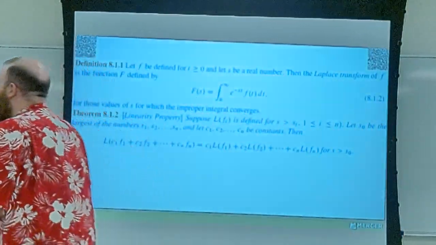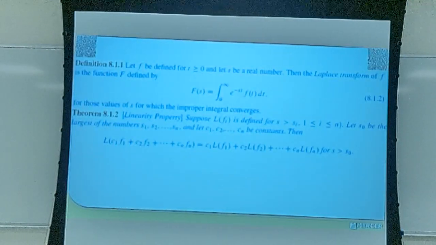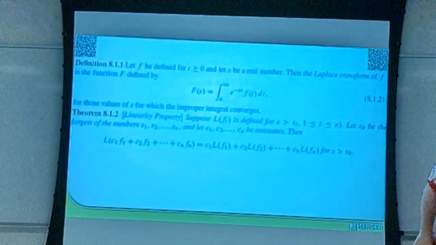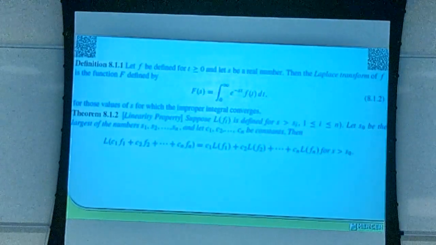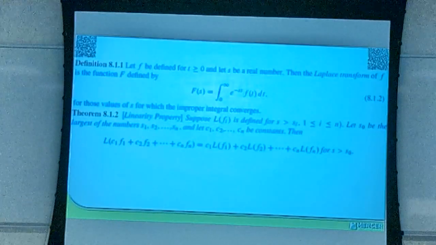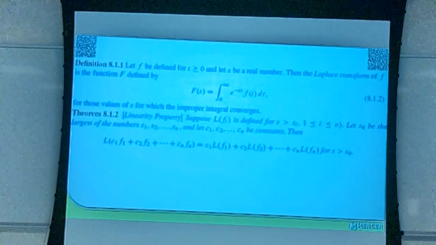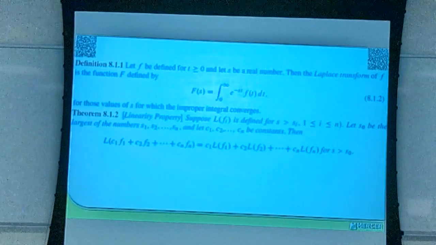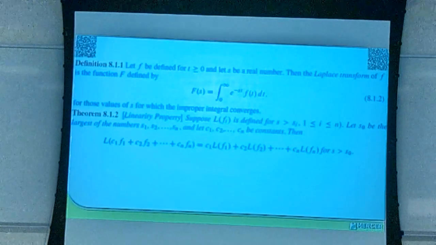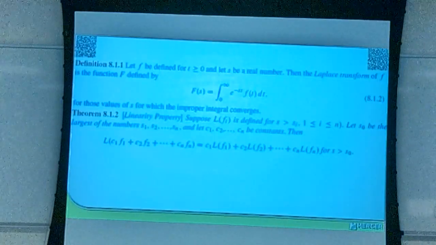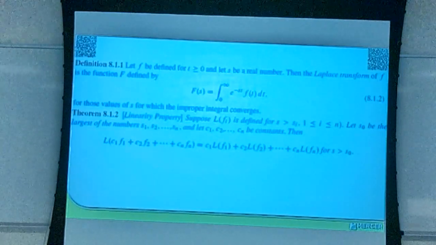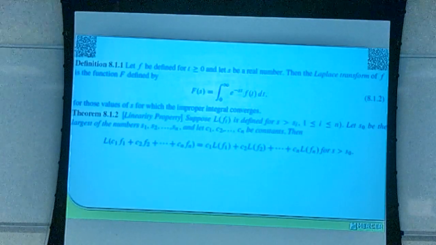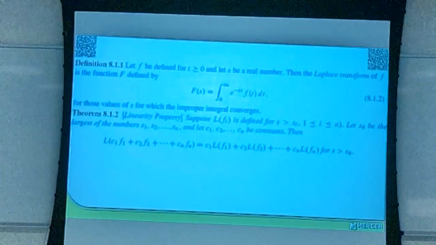Okay, so we're done with systems. The last thing we have to look at is the Laplace transform. A little bit of motivation for the Laplace transform. The forcing functions we've been looking at have been continuous.